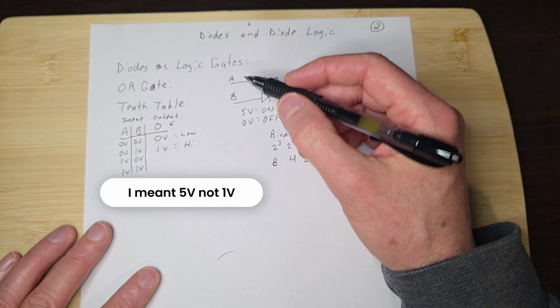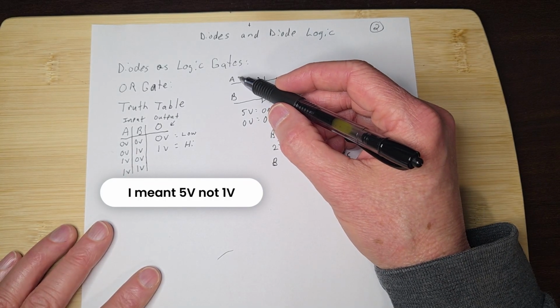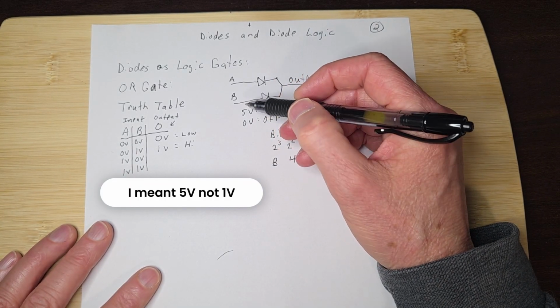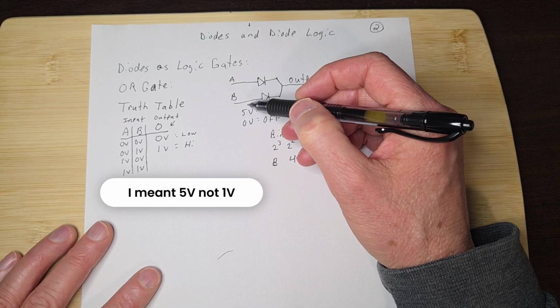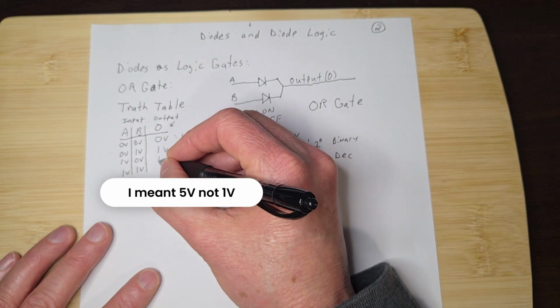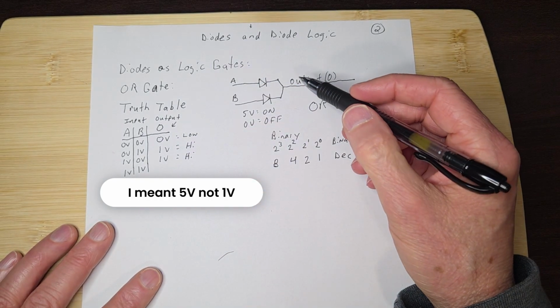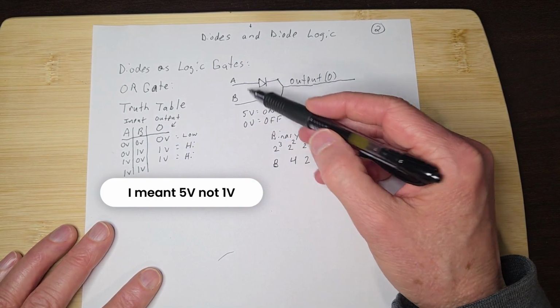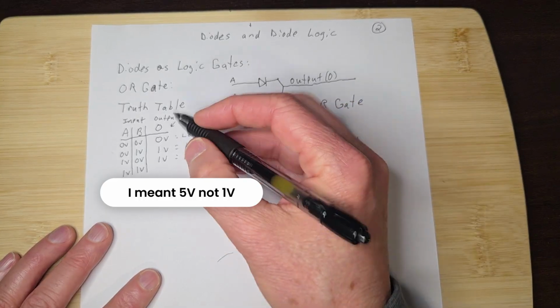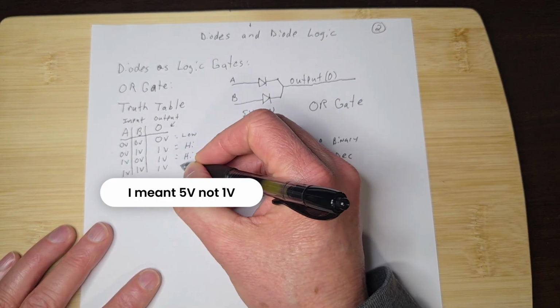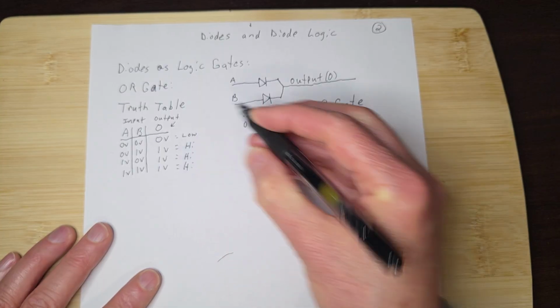If I have a 1 on A and a 1 on B, then I'd have 1 volt as well. And if I had a 1 and a 1 here, I would have the same thing. So this is an OR gate.